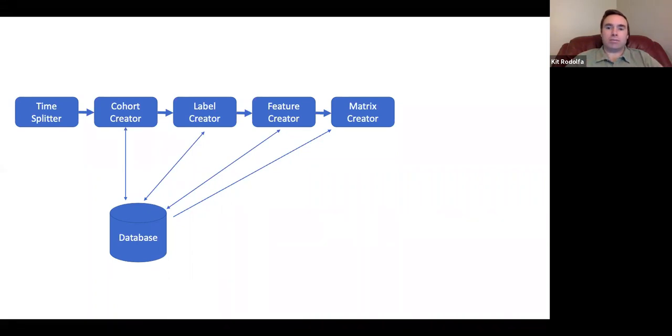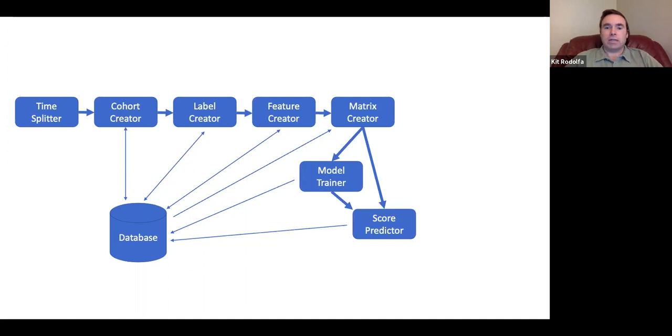And now once we have train and validation matrices, of course, we can train our model using the training matrix, and then using that resulting model object, as well as the validation matrix, predict scores for the entities in the validation matrix.